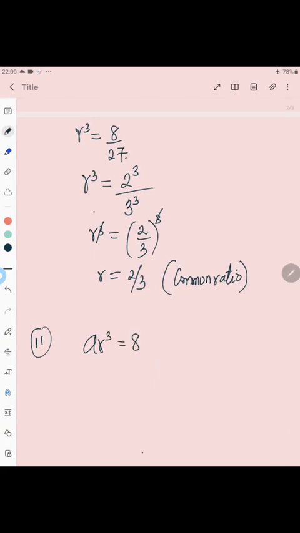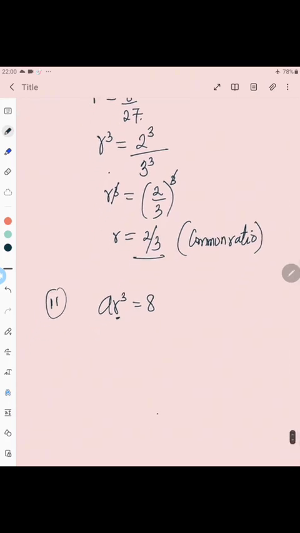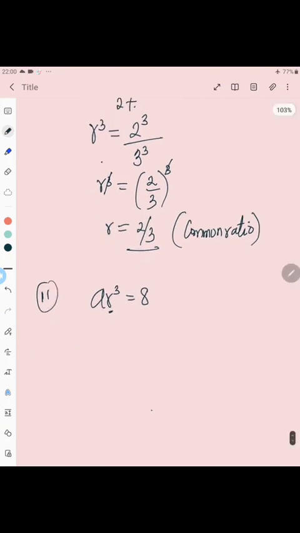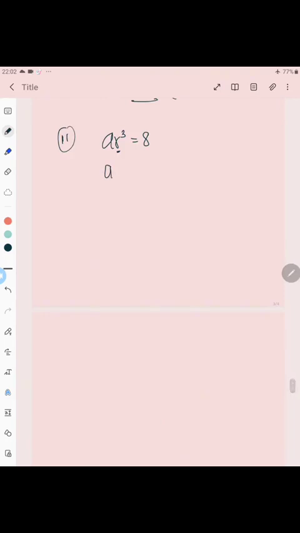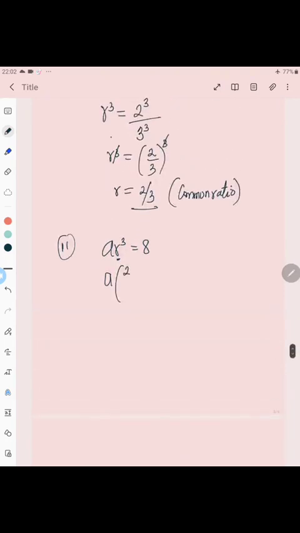We have our common ratio already from the first question, which is 2 over 3. All we need to do at this point is to substitute the value of the common ratio to get the first term, which is A. So this becomes A multiplied by 2 over 3, all to the power of 3, is equal to 8.